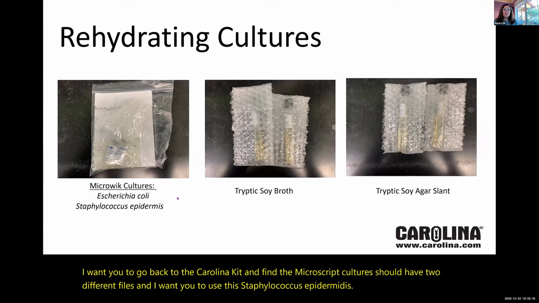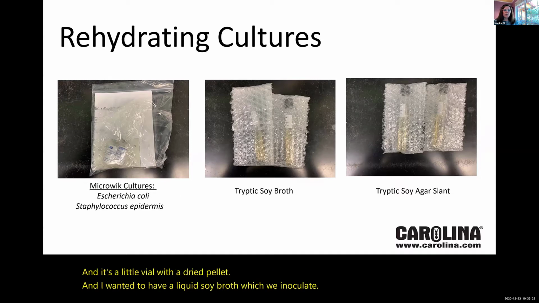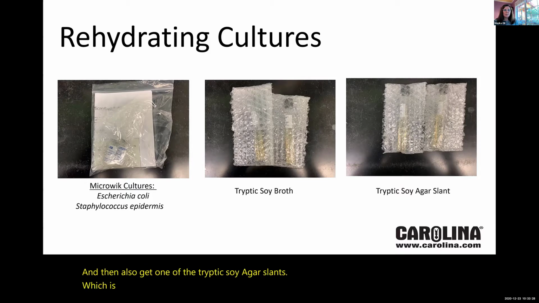And I want you to have a liquid soy broth, which we inoculate. And then also get one of the tryptic soy agar slants, which is a solid agar. And we will create our cultures. Okay. Perfect. One second.